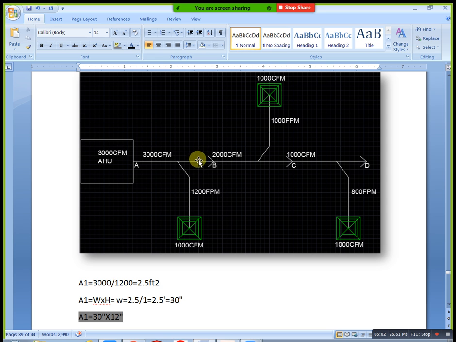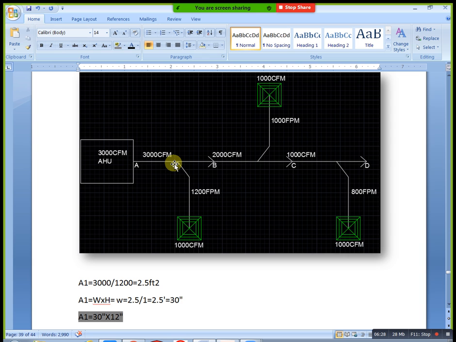Here 2000 CFM goes this side, and this turns into 1000 CFM for this terminal. Again here same, passing like this. Again here we need 1000 CFM, and the remaining 1000 CFM comes for this. Dividing like this. Now first of all we need to find this value, A to B.